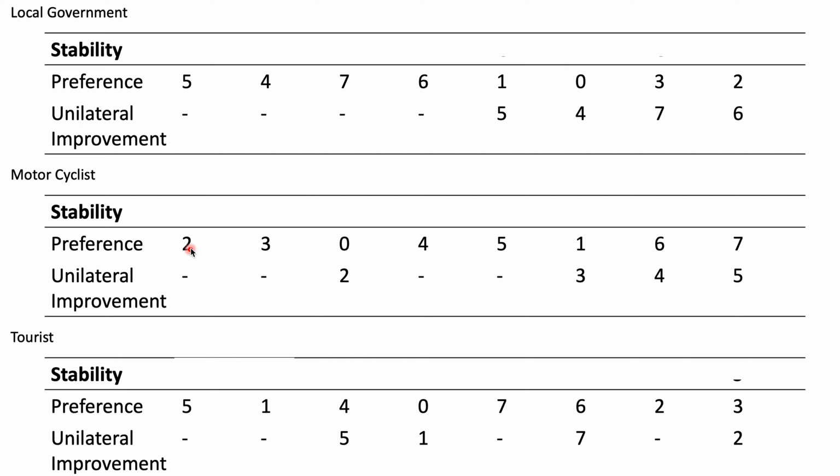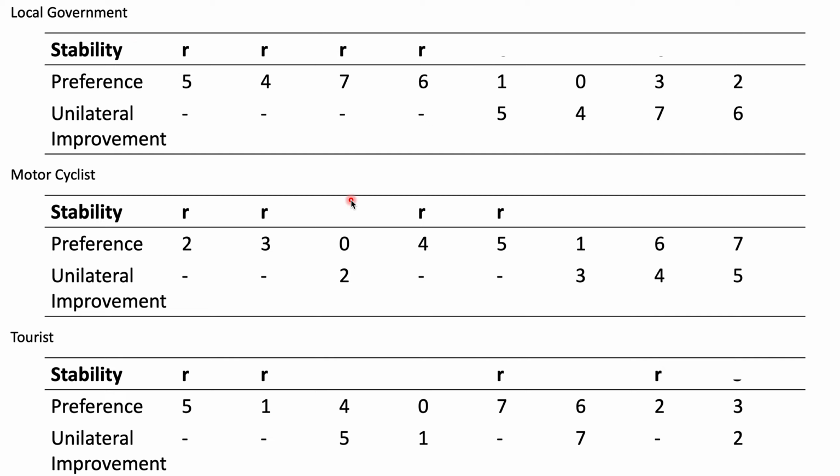For motorcyclists, scenarios 2, 3, 4, and 5 don't have unilateral improvement. Same goes for tourists. These choices with no unilateral improvements are called rational choices, so we put R to mark that these scenarios are rational.